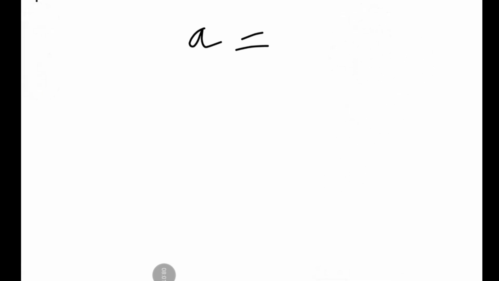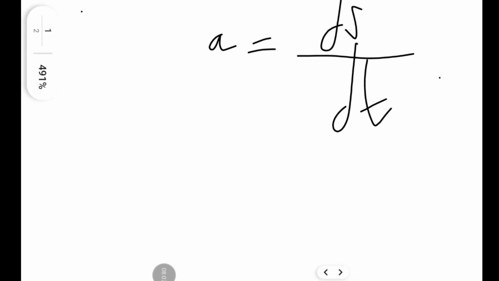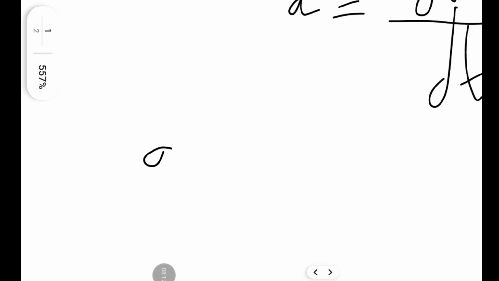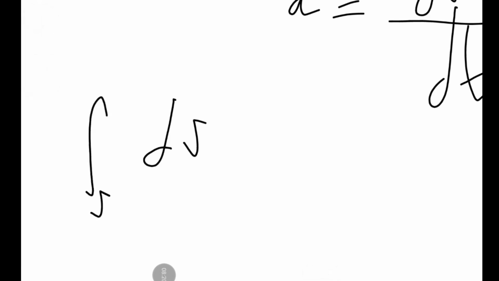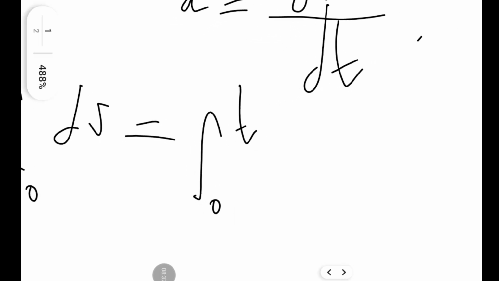It's the same thing basically: acceleration is equal to dv by dt. And then we get dv, remember the integral between v0 and v is equal to the integral between 0 and t, because it starts at time equals 0. You could put t0 if it doesn't start at time equals 0, but we'll assume it starts at time equals 0 to keep it simple, and generally in problems it will start at time equals 0. That makes more sense.